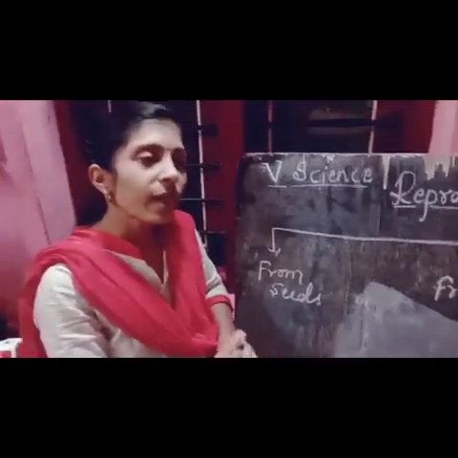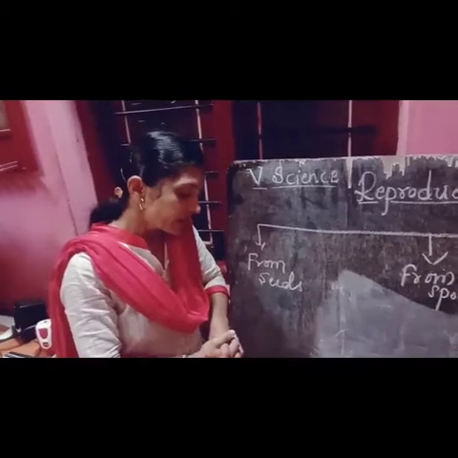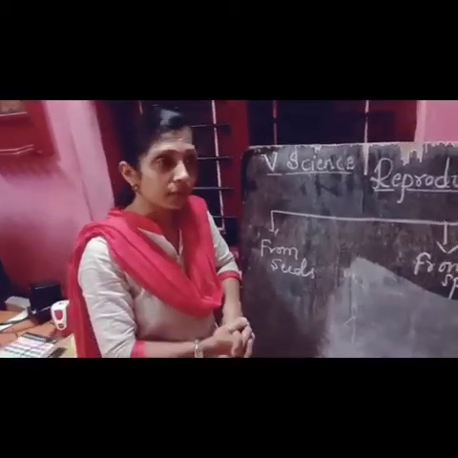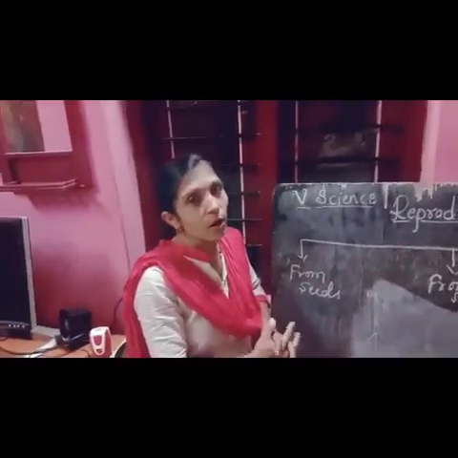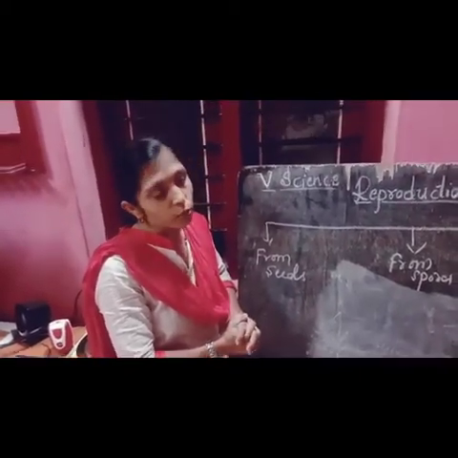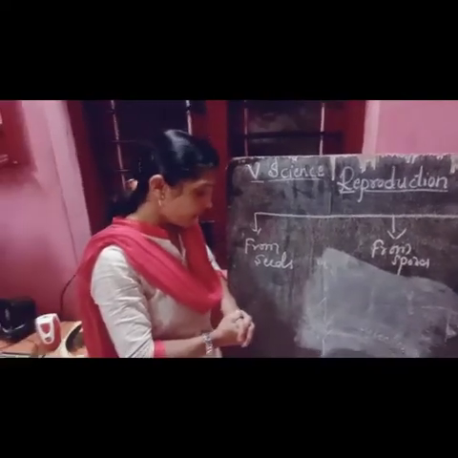Some seeds are eaten up by animals and insects. The seeds which get favorable conditions for growth, that is, a proper amount of air, moisture and warmth, grow into a new healthy plant.